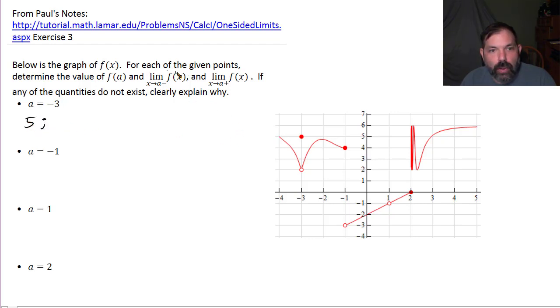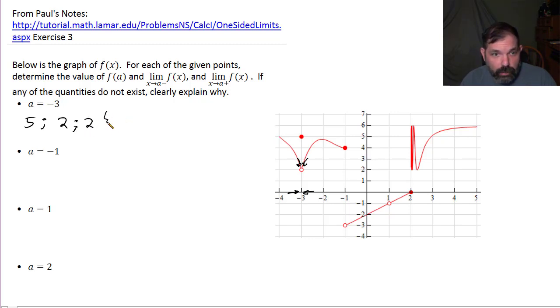The limit from the left, if I'm approaching negative 3 from the left, the output is approaching 2. If I'm approaching negative 3 from the right, again, the output is approaching 2.